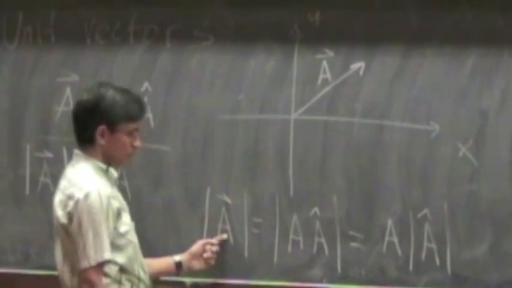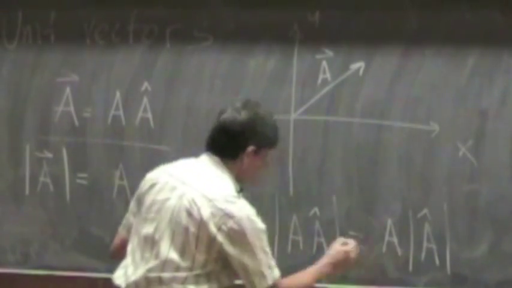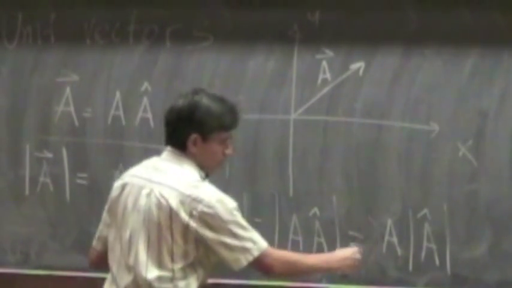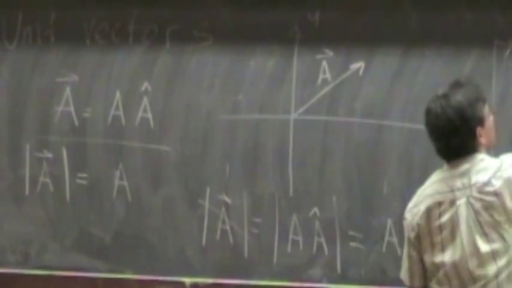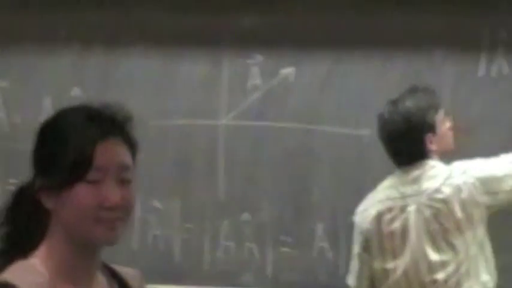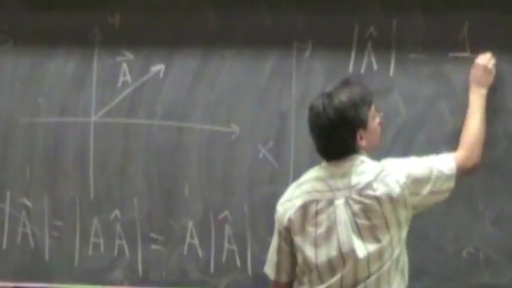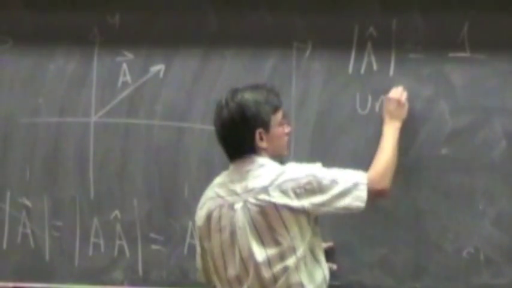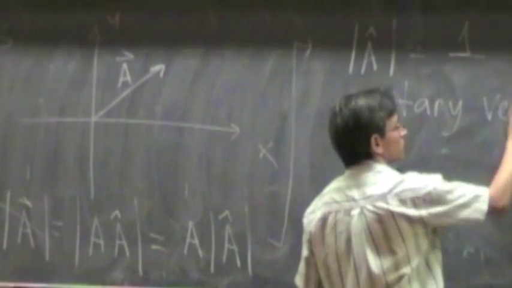But the magnitude of A and A are the same thing, so you can divide both sides by A, which tells you that the magnitude of A hat is 1. Any vector that has a magnitude of 1 is called a unitary vector.